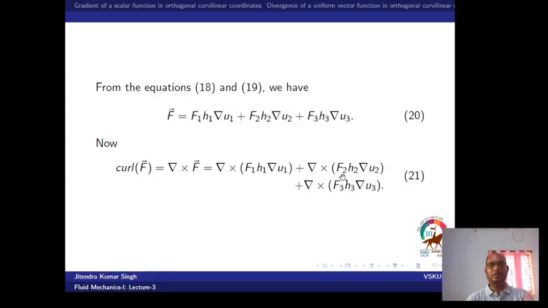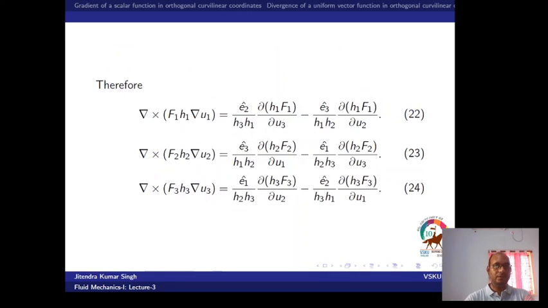The remaining terms can be calculated in the same way, so I am writing those expressions. Curl of f1 h1 grad u1 is unit vector e2 by h3 h1 dou by dou u3 of h1 f1 minus e3 unit vector by h1 h2 dou by dou u2 of h1 f1.